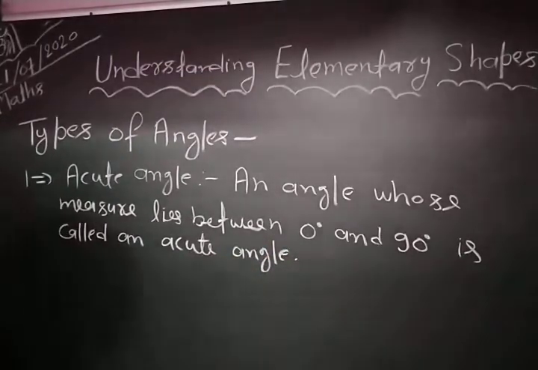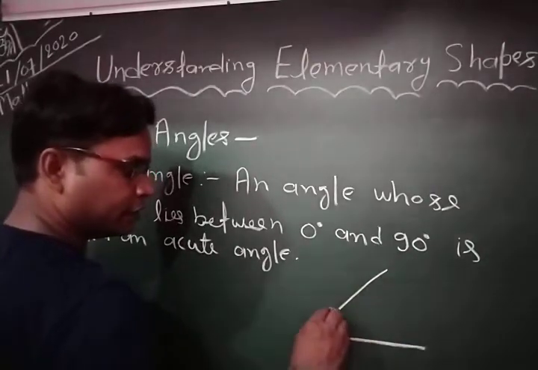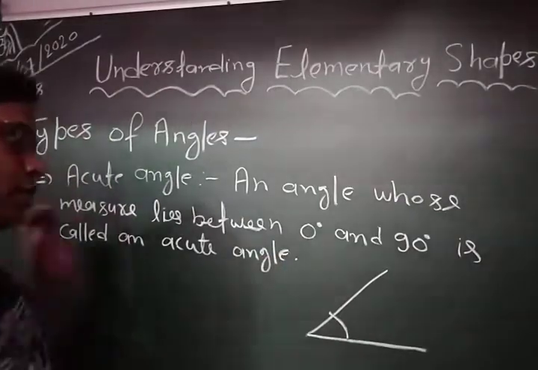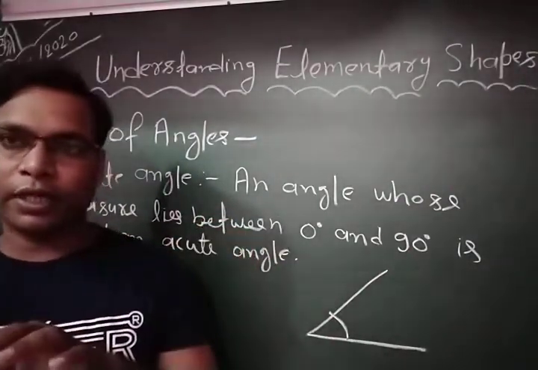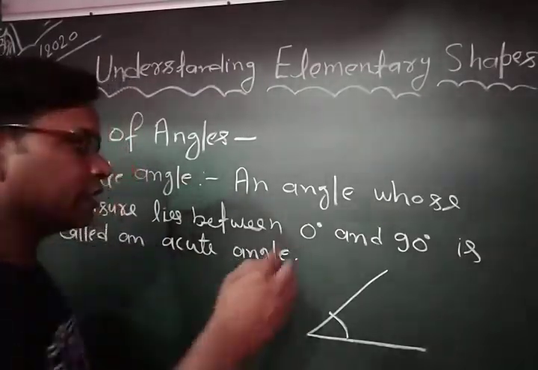So this is a figure of an acute angle, like this. This is an acute angle. The range of an acute angle is 0 to 90. It lies between 0 degree and 90 degree. This is called degree.